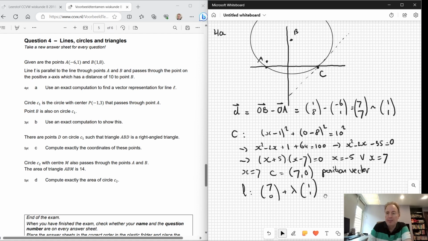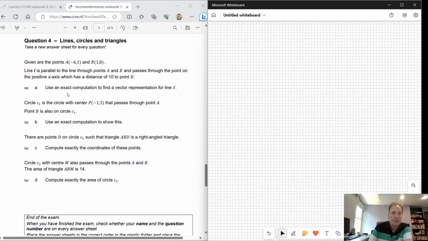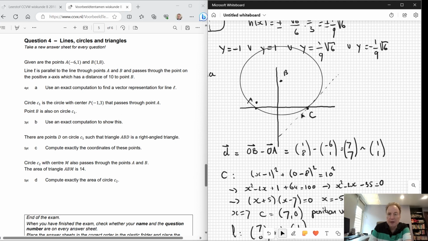All right, 4b. There's the circle C1 with center minus 1, 3 that passes through A and B. B is also on the circle. Oh, they want to show that this circle C1 also has point B on it. Let's see, minus 1, 3, it's roughly here.